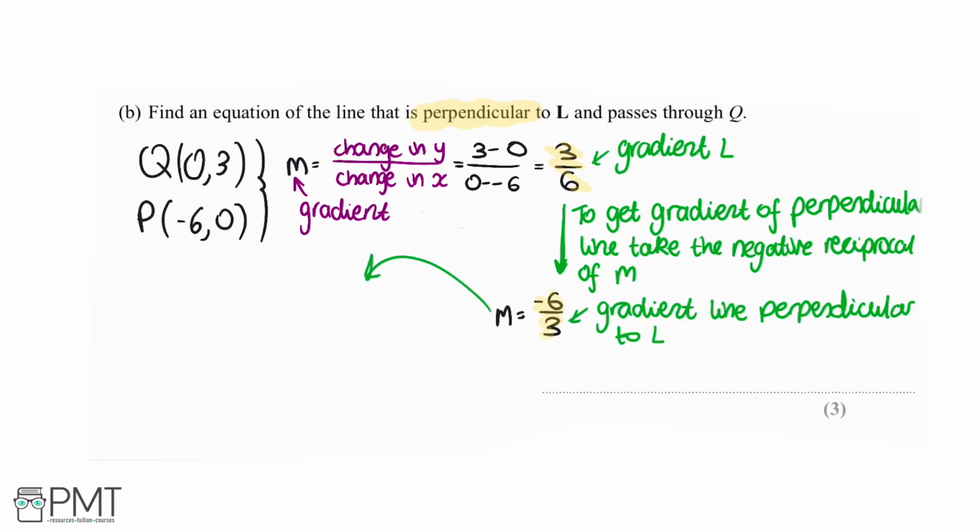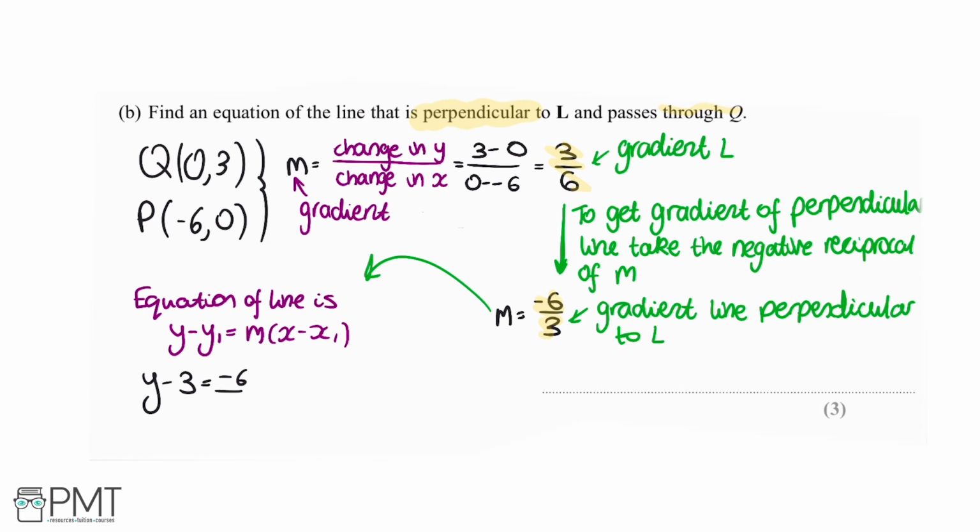Now let's work out the equation of the whole line itself. The equation of a line is y minus y1 equals m multiplied by x minus x1. We're told that our line should pass through the point Q, and we know the coordinates of Q, so we've got all we need. We've got y minus the y value of Q, which is 3, equals m, which is minus 6 over 3, multiplied by x minus the x value of Q, which is 0.